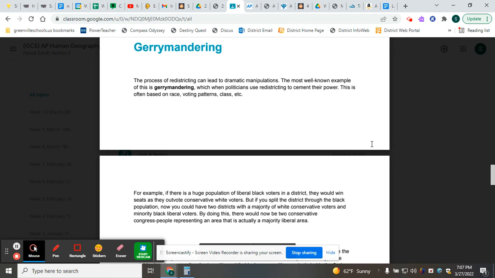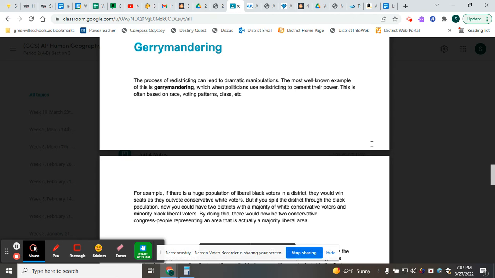So, for example, if you are a Republican politician, you break out the map of South Carolina after the 2020 census, and it's now time to redraw.